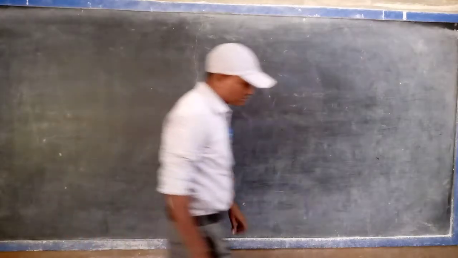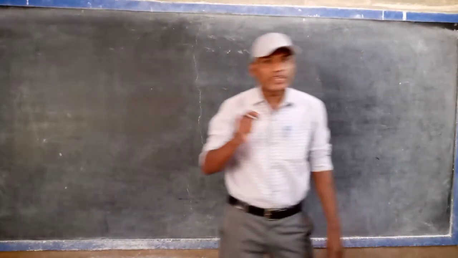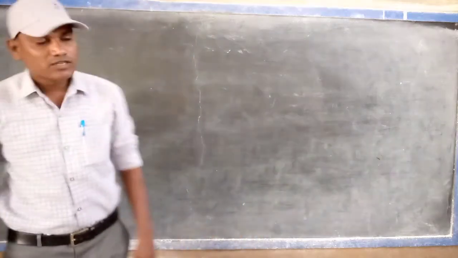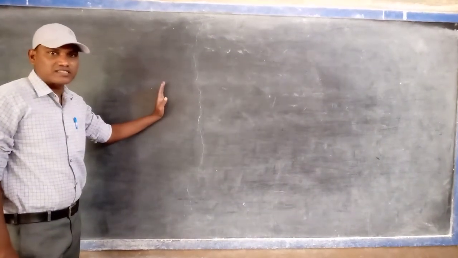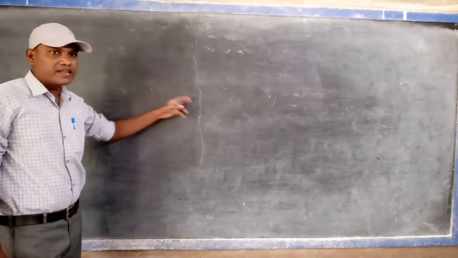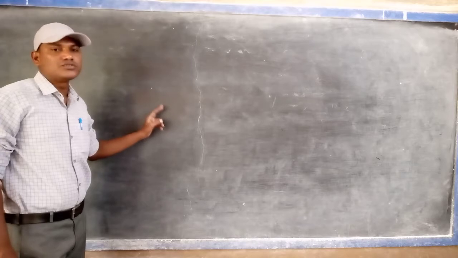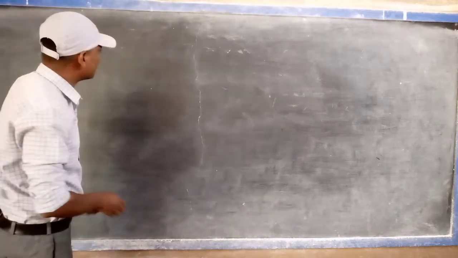That means the radius of curvature is always twice the focal length. So if the focal length is 10 centimeters for any given spherical surface, then automatically the radius of curvature is 2 into 10, that is 20 centimeters. That is the meaning of that.